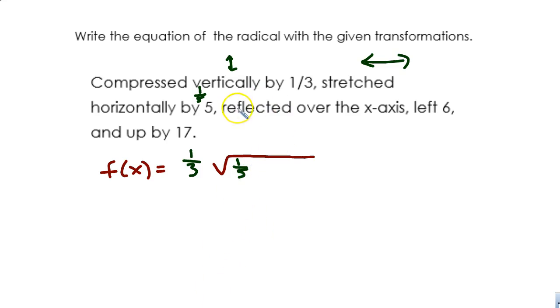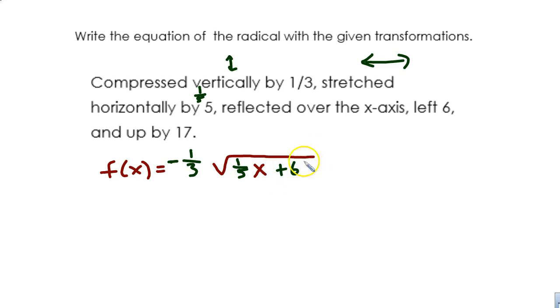All right. Reflected over the x-axis. That's outside. That's -1/3 at the beginning now. Left 6. Actually, I should go ahead and put my x in here. All right. Now left and right is underneath the radical. That's horizontal. Left 6 is going to be a plus 6.